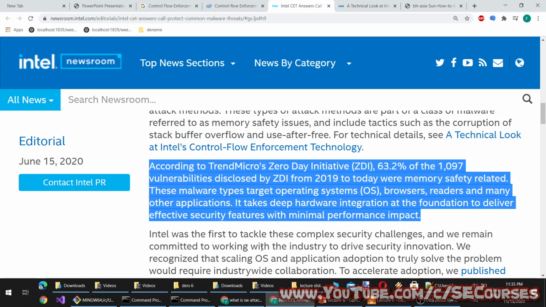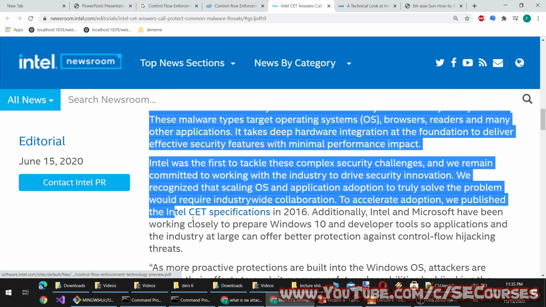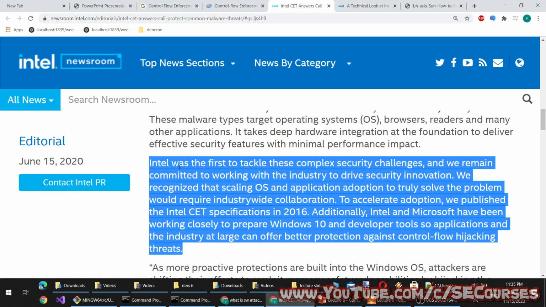It takes deep hardware integration at the foundation to deliver effective security features with minimal performance impact. Intel was the first to tackle these complex security challenges, and we remain committed to working with the industry to drive security innovation. We recognize that scaling OS and application adoption to truly solve the problem would require industry-wide collaboration.